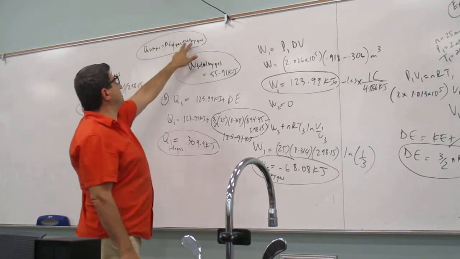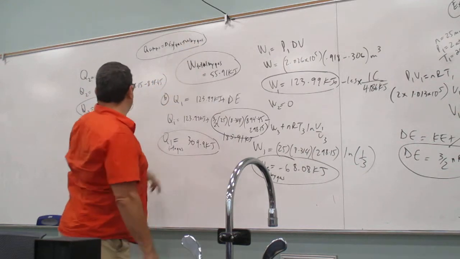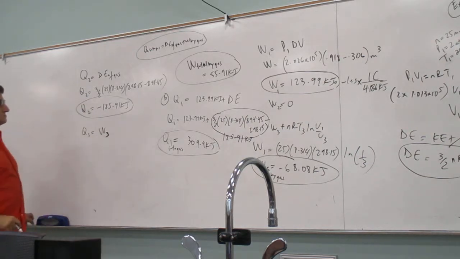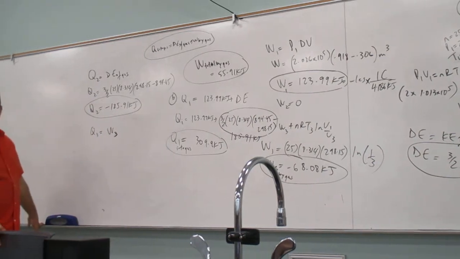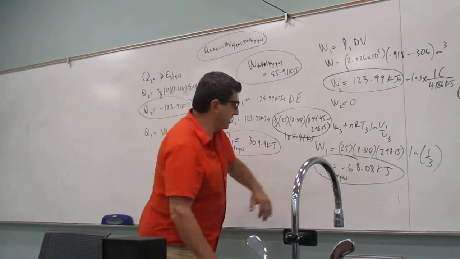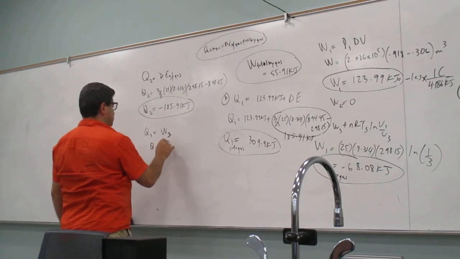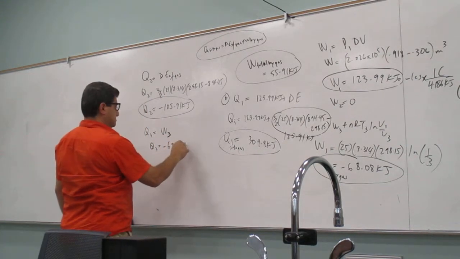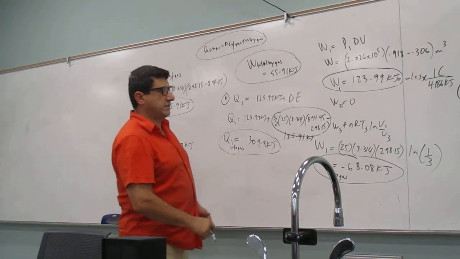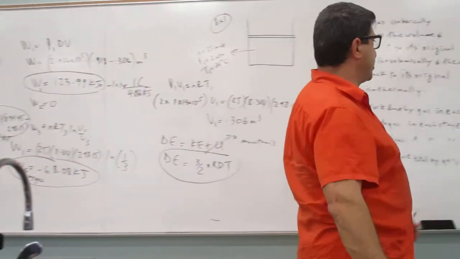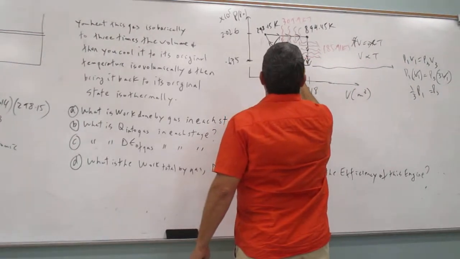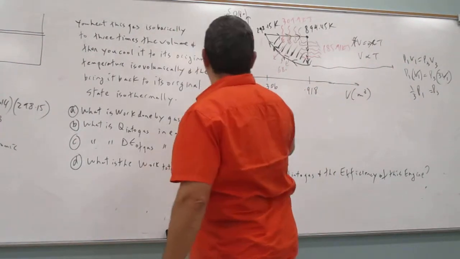So Q3 is just going to be work by gas in the third stage, W3, because delta E is 0. So what was W3? Negative 68. So you dump out that much too. Negative 68, so 68 comes out. 68.08.